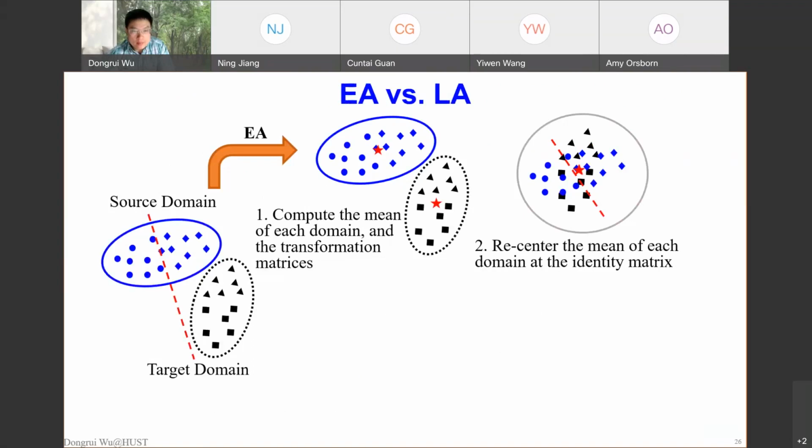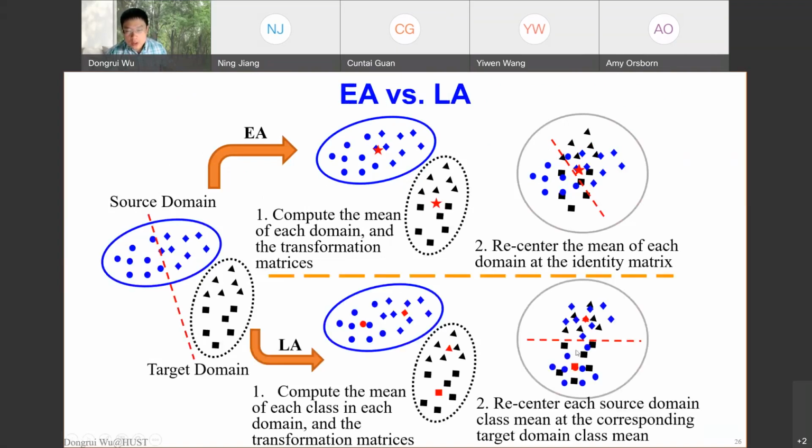This is a direct comparison between Euclidean alignment and label alignment. For Euclidean alignment, we align the overall distributions of the data from each subject.